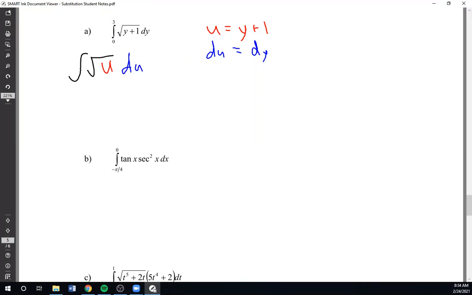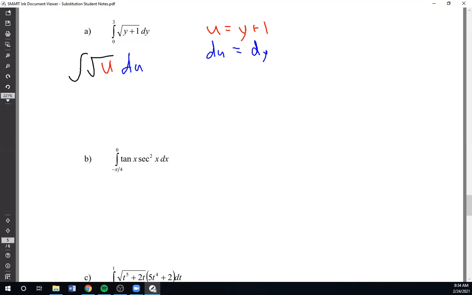And so instead of thinking about plugging in these numbers for y, we need to think about what we would need to plug in to u. So that means when we do a substitution, we also need to do that substitution for the bounds because we're plugging in to a different variable when we do our antiderivative.